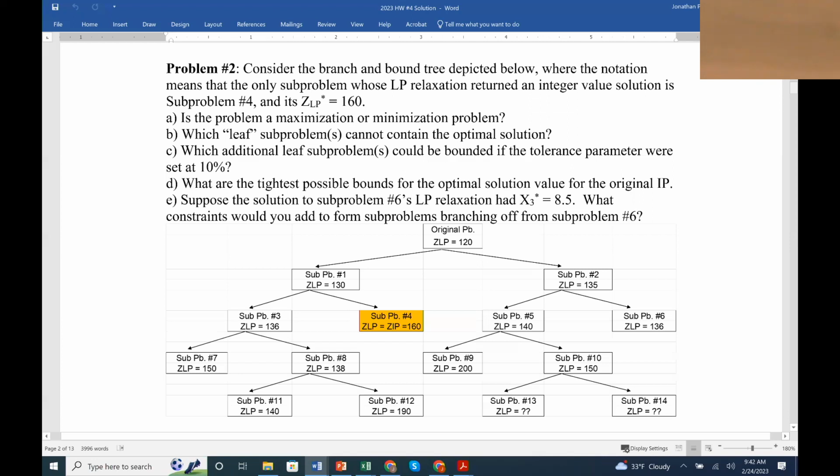So we're only interested in possibly trimming things whose ZLP is a little bit better than our incumbent. So tolerance doesn't mean accepting what's worse. It means what we're willing to change.